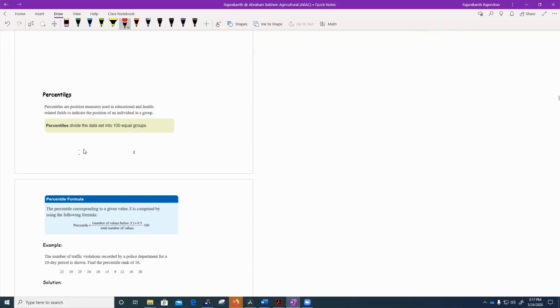Suppose you are given a data set. So I'm rearranging the data set from the smallest to the largest. Say this is my smallest data value, and say this is my largest data value.